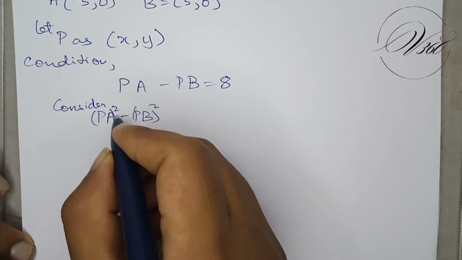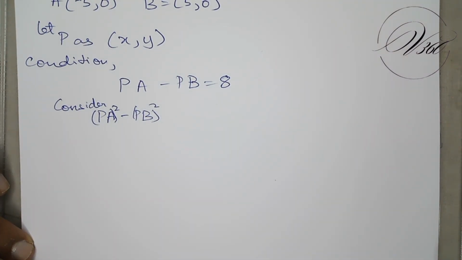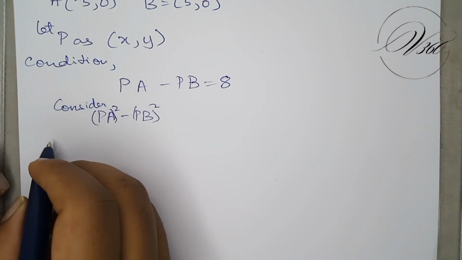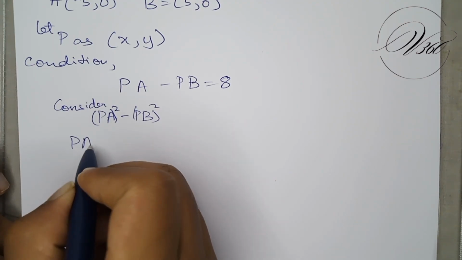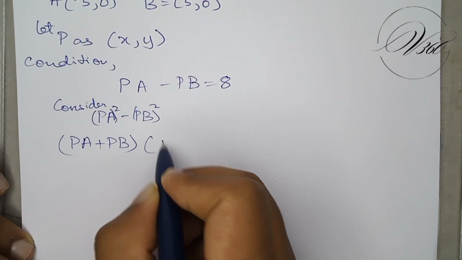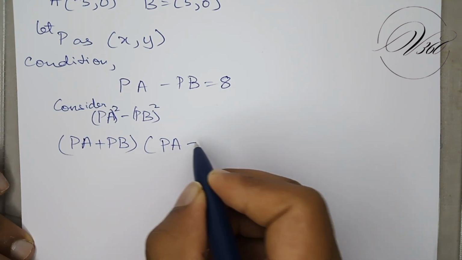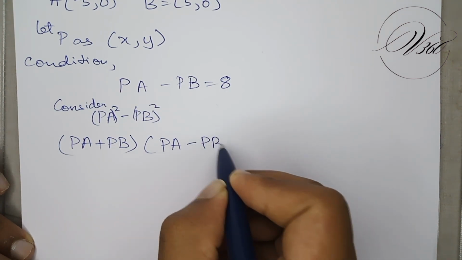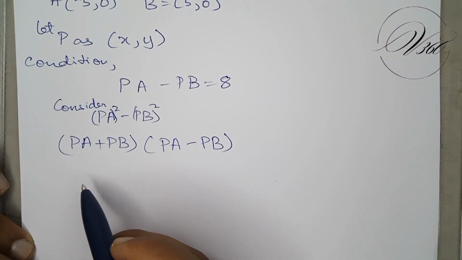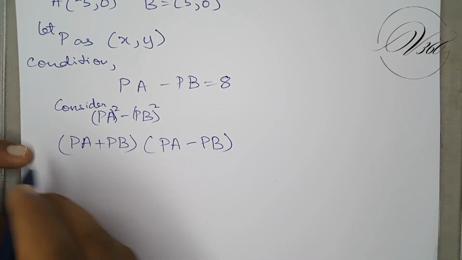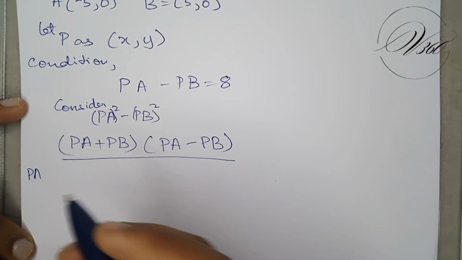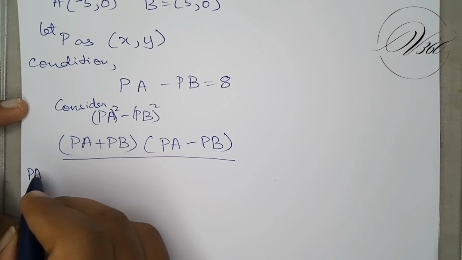Okay, let us take this so that we can get here (PA + PB)(PA - PB). This is PA square minus PB square, right? If we apply the formula. Now we will first find out what is PA. Then we'll apply this formula and we'll solve it.